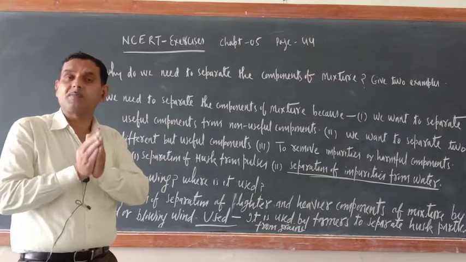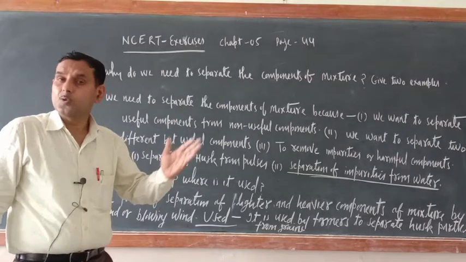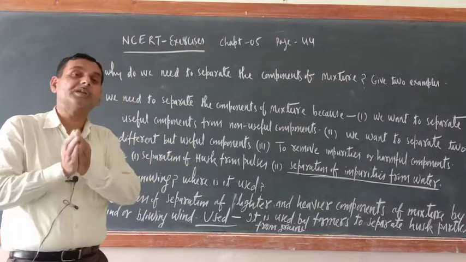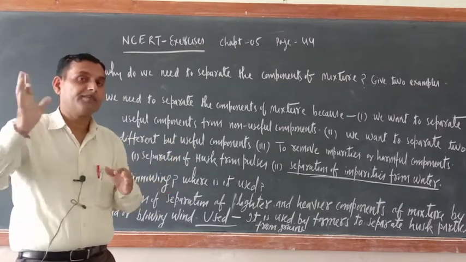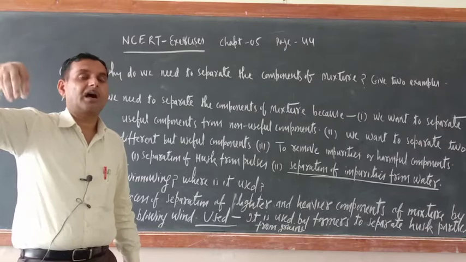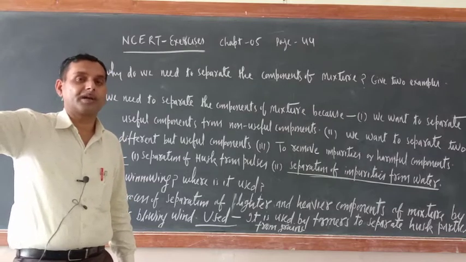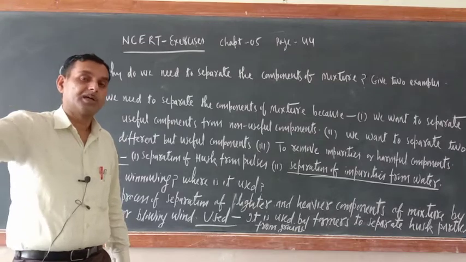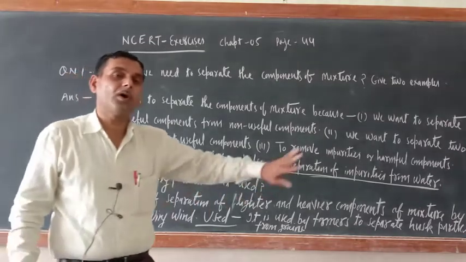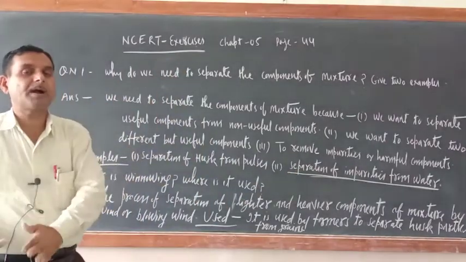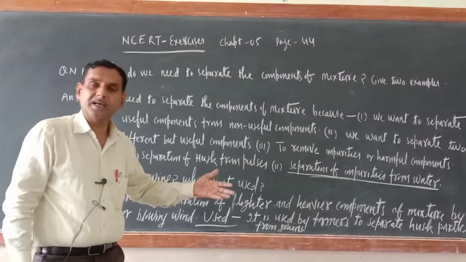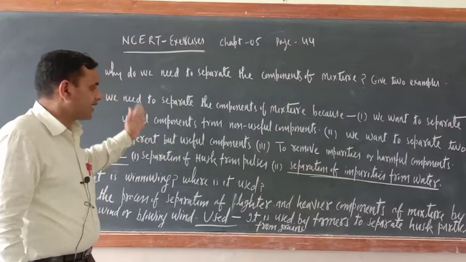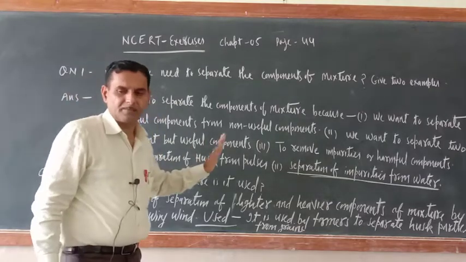So when the farmers want to collect only the seed, they use the winnowing process. Along with the impurities or unwanted material, they put it before the blowing air. So the lighter particles will go away and the heavier grains will remain there itself. In this way separation is over. In this way I have completed the answers of two questions.